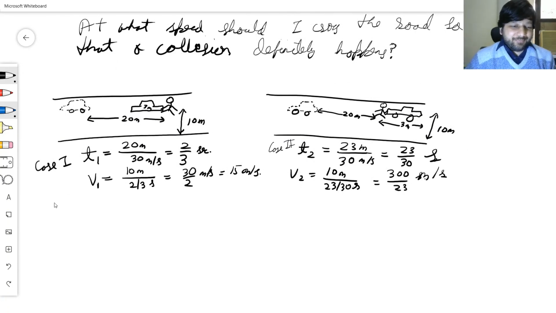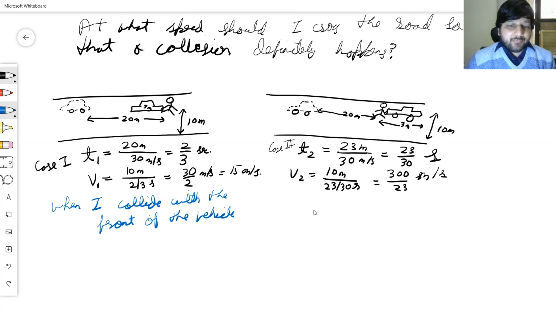So case 1 is when I collide with the front of the vehicle, and case 2 is when I collide with the rear of the vehicle.